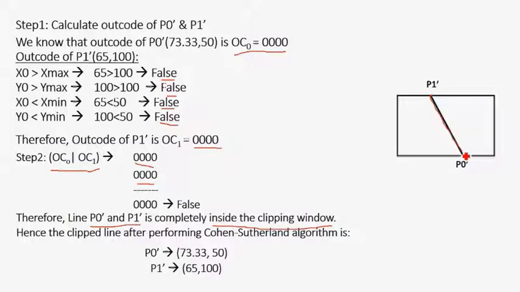Therefore, after clipping, the points that I got for the line are P0 dash and P1 dash, which is 73.33 comma 50 to 65 comma 100.